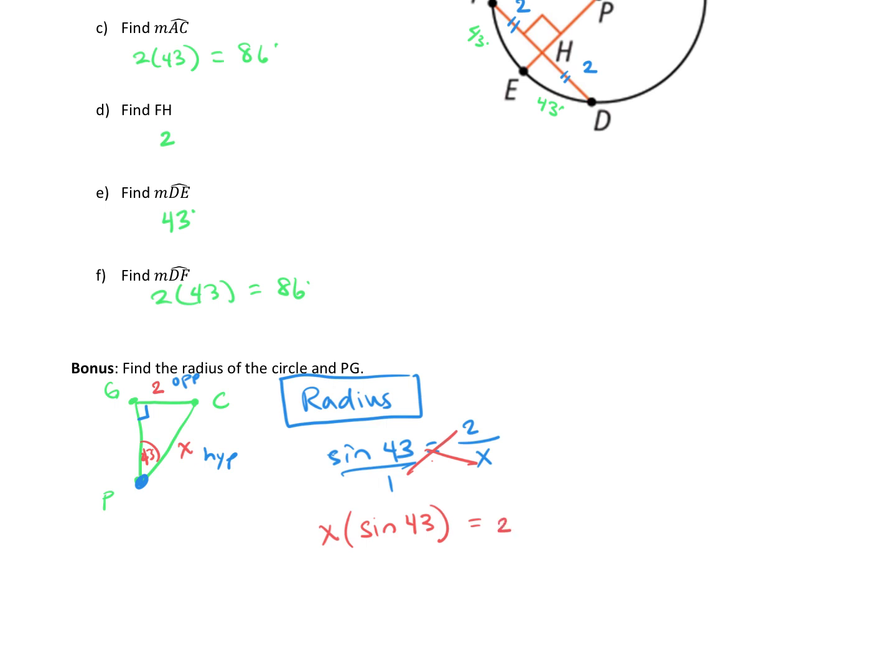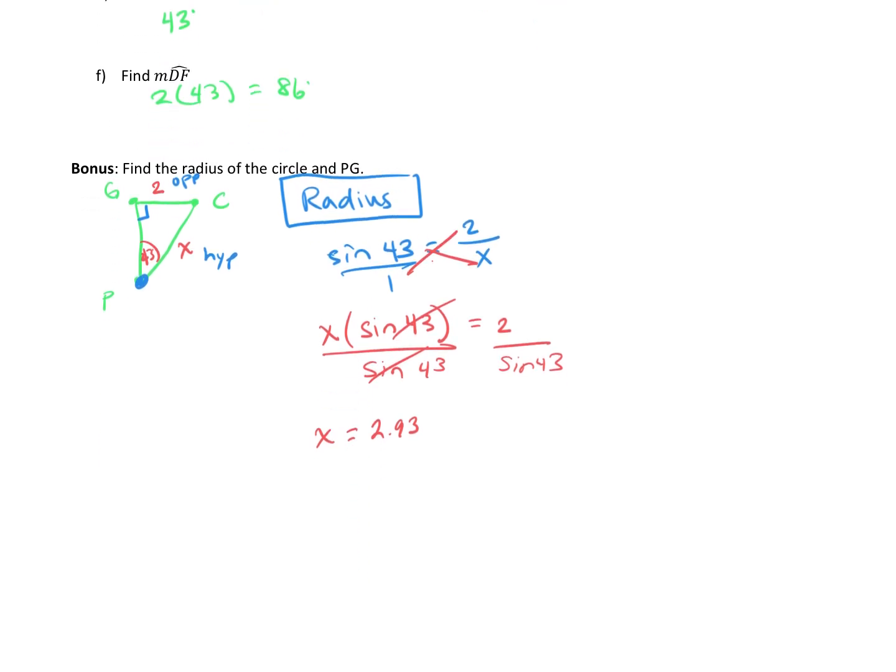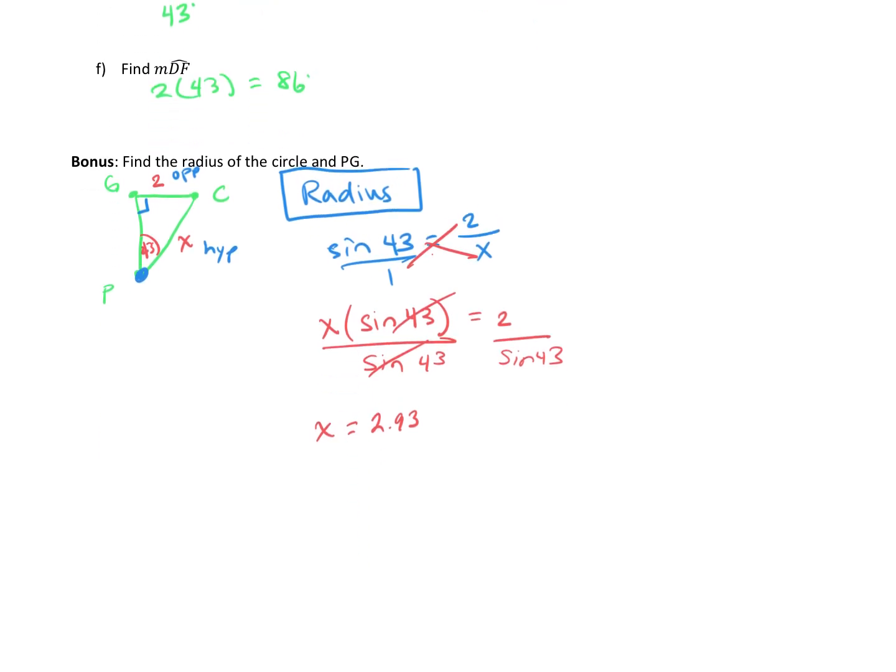And then to solve for x, we just divide by sine of 43. So x, which is our radius, is 2.93. So we will just conclude that the radius is equal to 2.93 units, and that is a rounded answer.